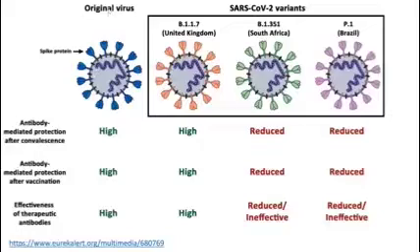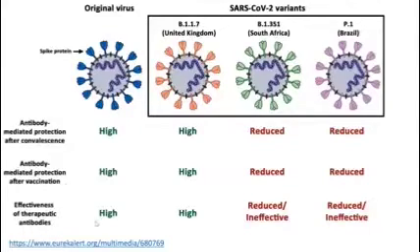See the different variants. Antibody-mediated protection after convalescence is high for the original virus, and this is reduced for variants. Antibody-mediated protection after vaccination is high for the original virus and the UK version, and it's reduced for others. So when you get more and more dangerous viruses, the protection becomes less and less.